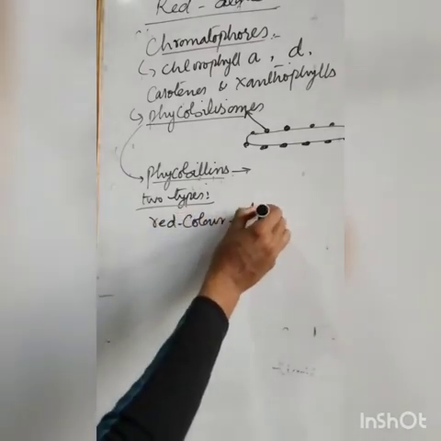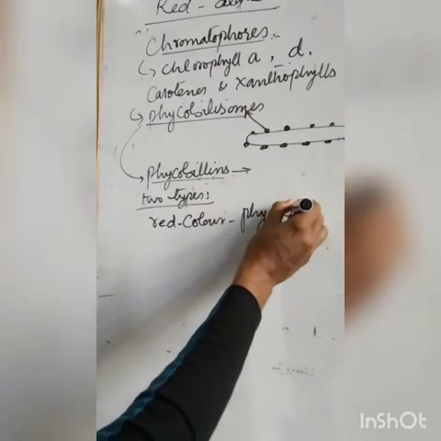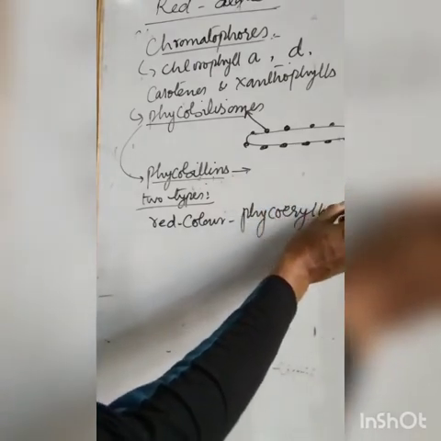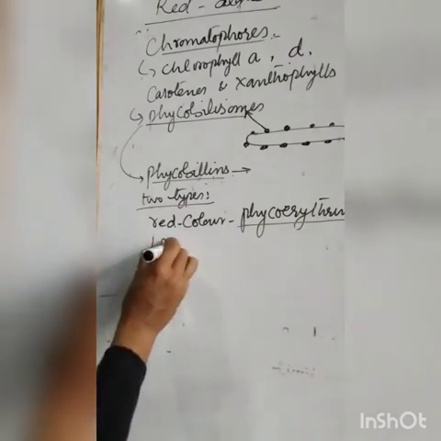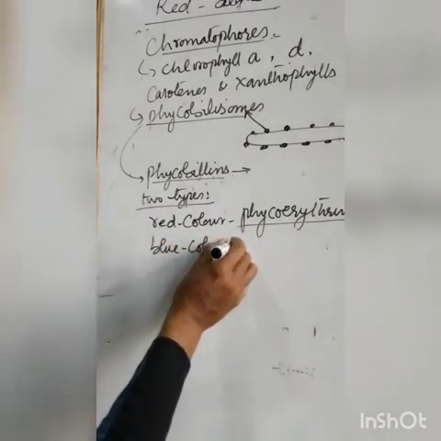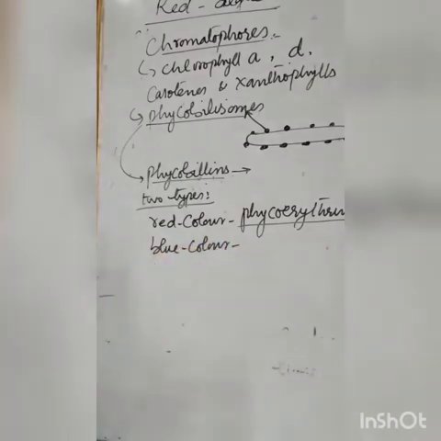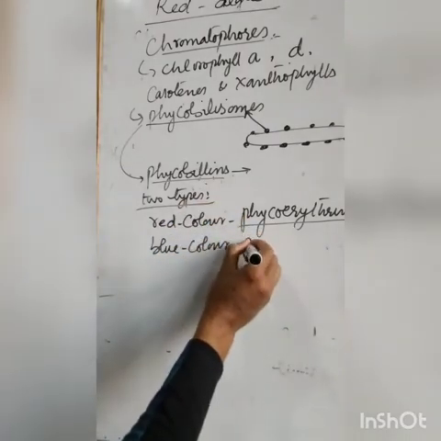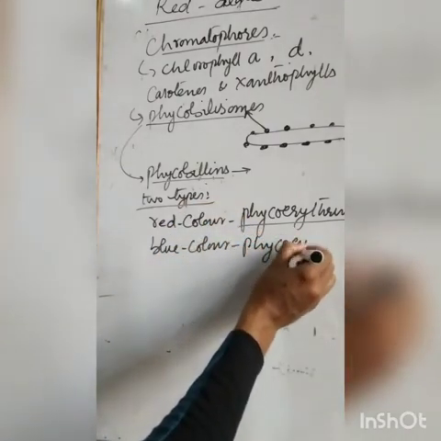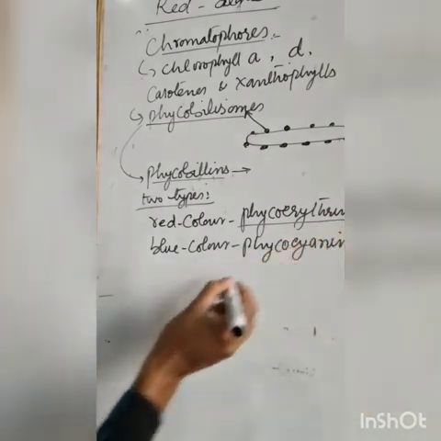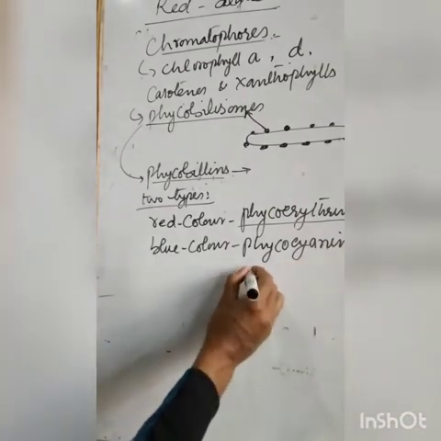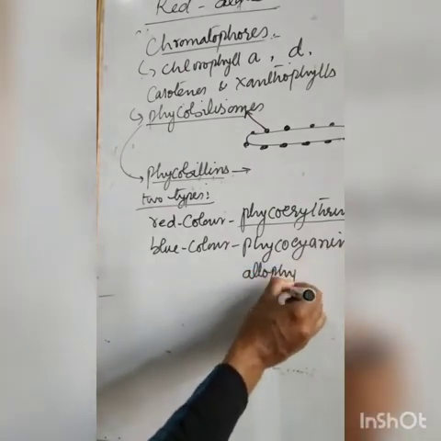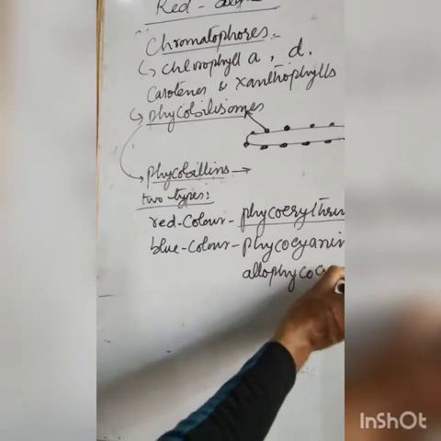The blue one is phycocyanin, and this phycocyanin has a derivative called allophycocyanin.